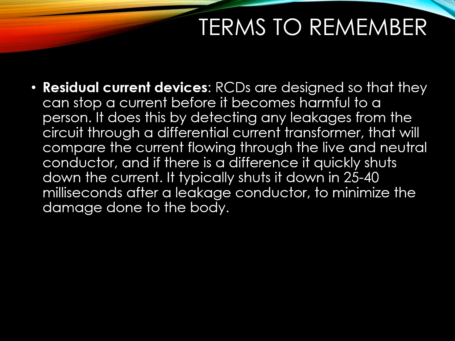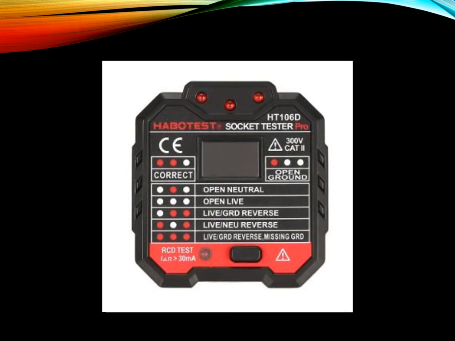And if there is a difference, it quickly shuts down the current. It typically shuts it down in 25 to 40 milliseconds after a leakage occurs to minimize the damage done to the body. This picture shows an example of a residual current device, or the RCD test.